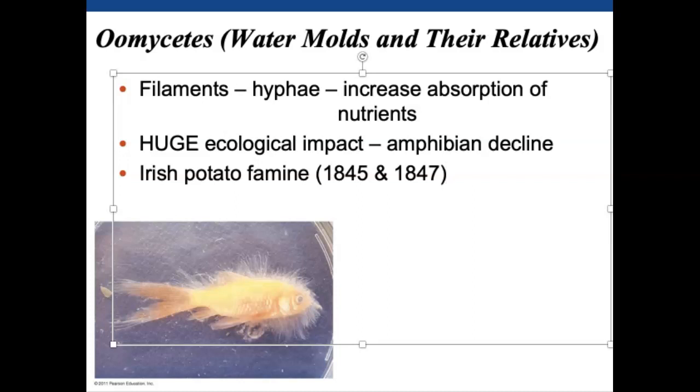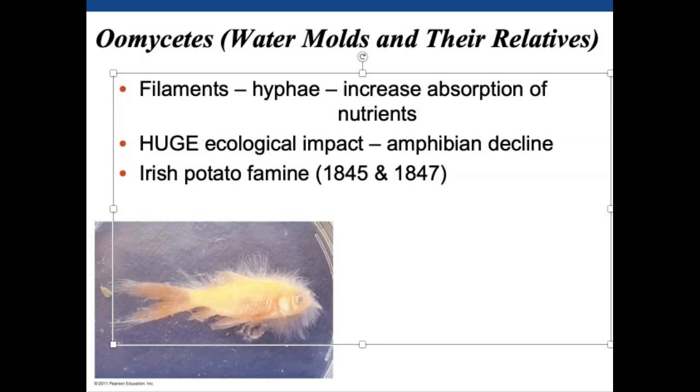The next time you have a wet spring, oomycetes like that. They like moist, wet environments. They're going to pop back up, parasitize the foods that they can find, and lead to more problems. So anybody with Irish heritage, your ancestors were immigrants who came to this country on a boat, legally or illegally, whatever the case is.